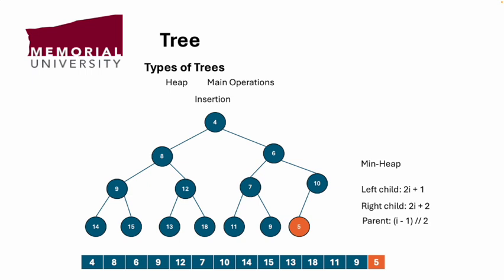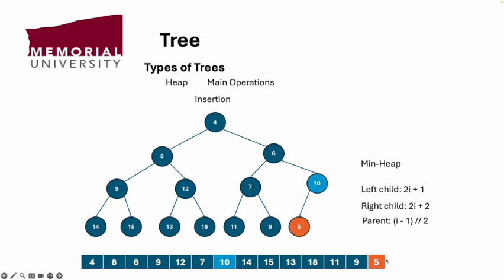Okay, let's see how we can rearrange. In this case, we want to insert 5, so we want to find their parent. If we insert, we insert at the last position right here.